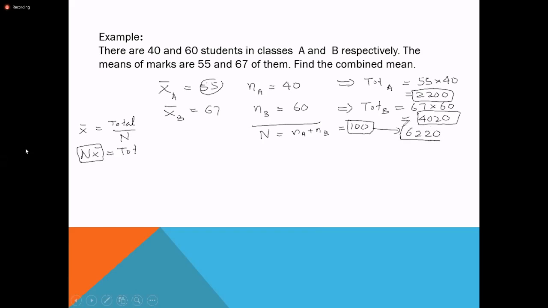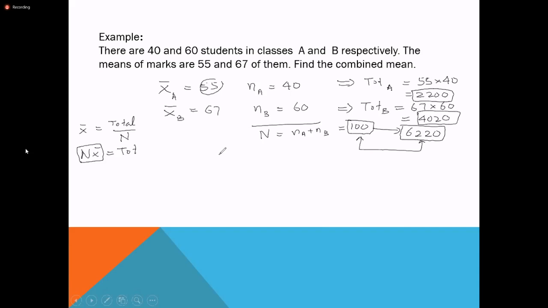So all these 100 students together as one group have taken 6220 marks. If we consider both groups as a single group of 100 students, the sum of their marks is the sum of the separate totals of the two groups. That is the grand total.